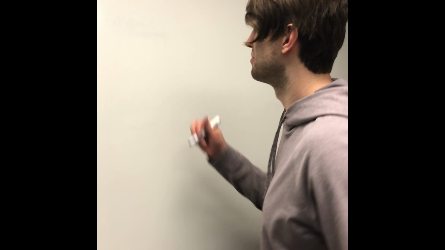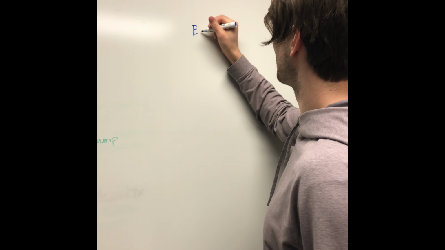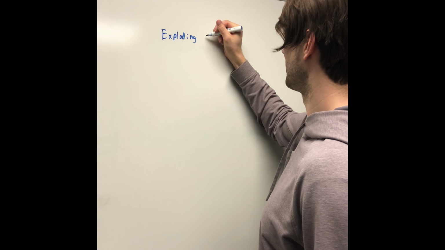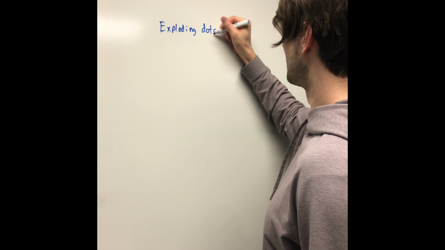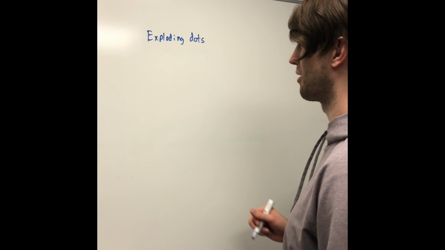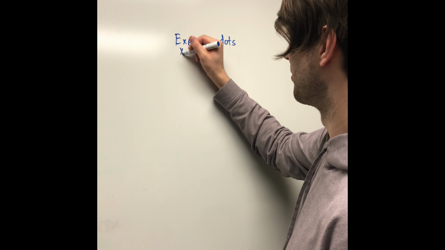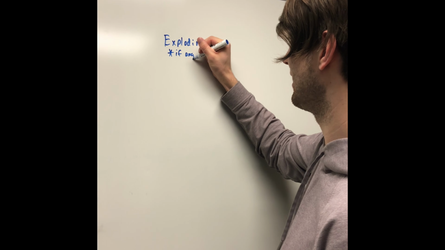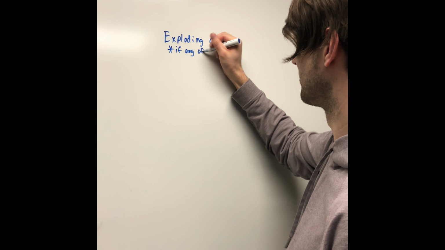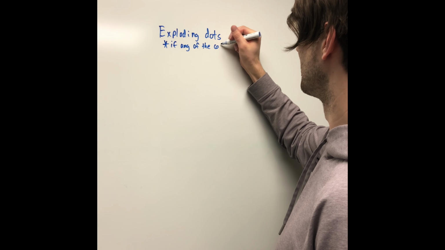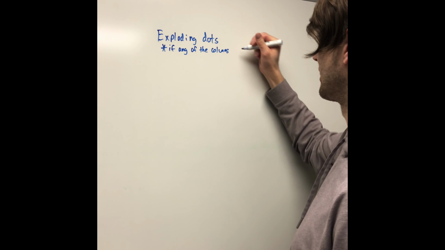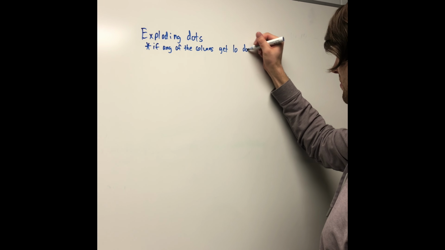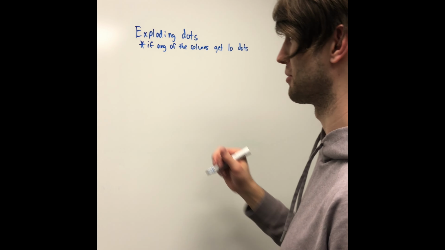Alrighty, thanks Tom. So what we're going to be looking at today is exploding dots. This is our symbolic reference to addition. So my rule is if any of the columns get to 10 dots, that's when things are going to explode.